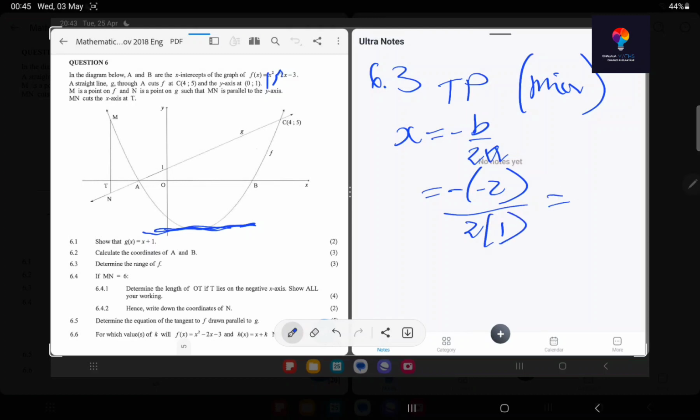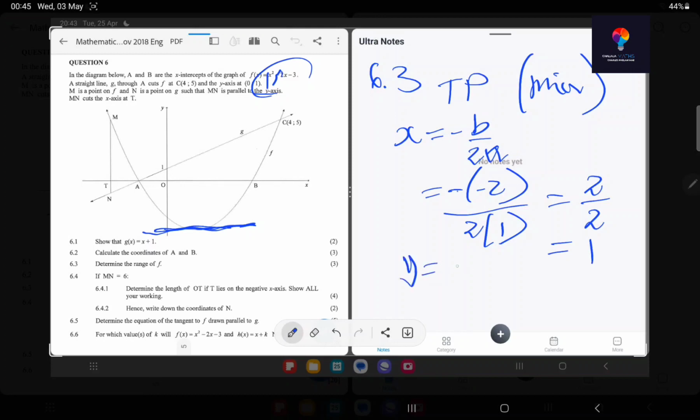And the answer we're going to get is that negative times negative is positive. That is going to give us positive 2. 2 times 1 is 2. Then the x coordinate of the turning point is going to give us 1. And we can therefore replace our 1 into x squared minus 2x minus 3 to get y.